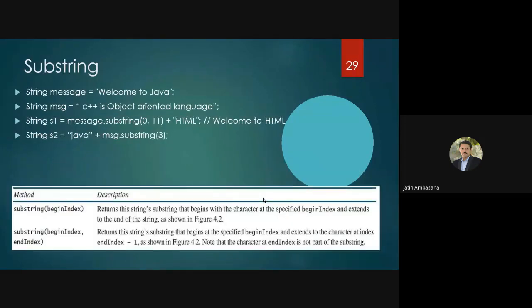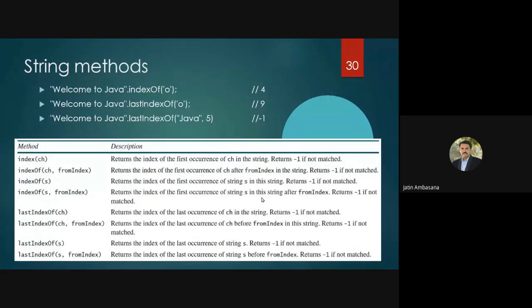We also saw how to extract a substring from a particular string. We also saw how to see the index of, I think this was not seen, so let's see this. The indexOf method would give you the index of a particular letter.